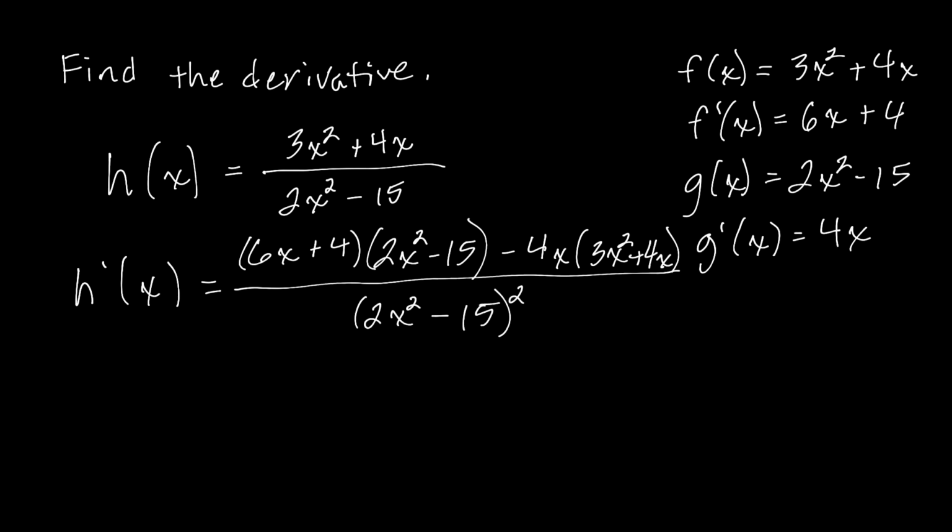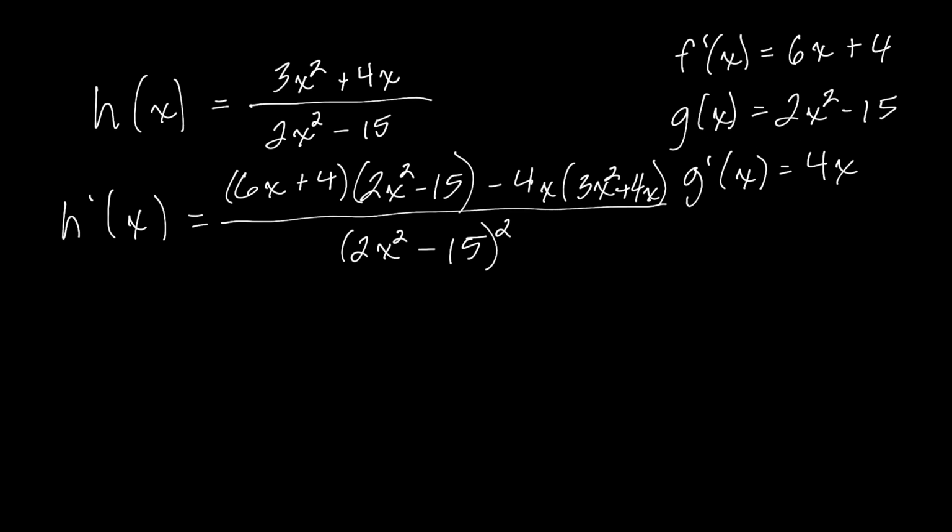Now, depending upon your instructor, your teacher, professor, depending on if you're taking it in high school or college, you're going to maybe be done here, or you could simplify this out. So assuming we have to simplify it out, I'm going to FOIL these top two here. So on the fly, just foiling, I've got 18x cubed.